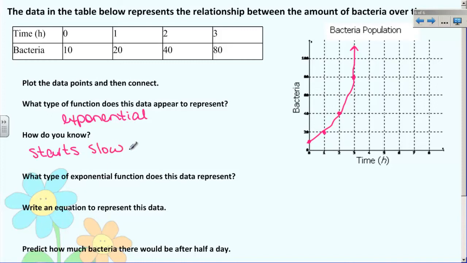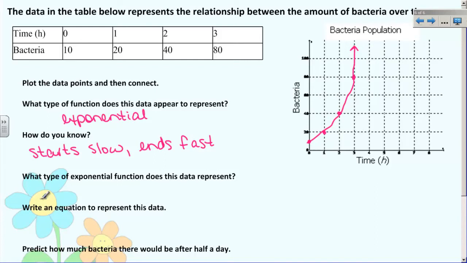So you see it is increasing slowly right here. It went from 10 to 20, and then 20 to 40, and all of a sudden it jumped from 40 to 80. And so then it ends quickly. So the rate of change is increasing very quickly, and it does not have a constant rate of change.